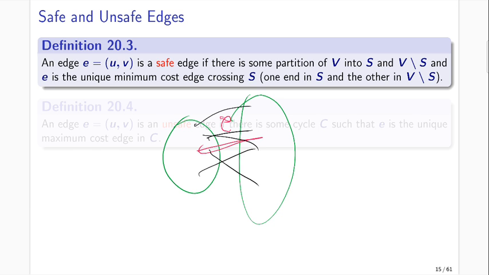Such an edge is called safe. Intuitively, a safe edge is an edge that you would like to put in the MST because it bridges the cut and it does it very cheaply. It's the cheapest you can do, and we are cheap people. We would like to build a cheap spanning tree.